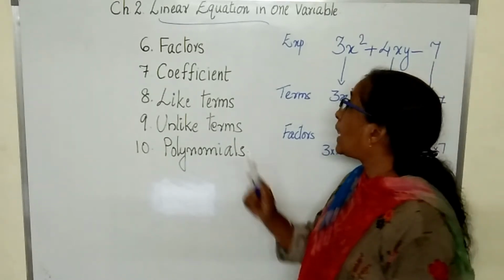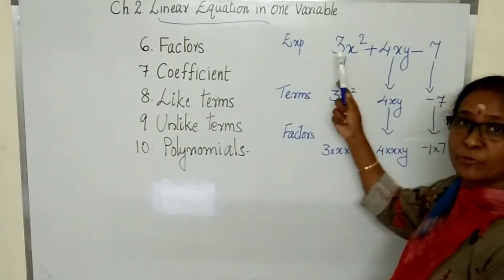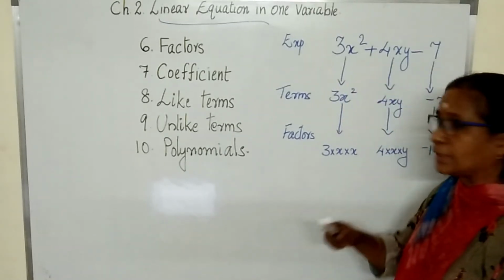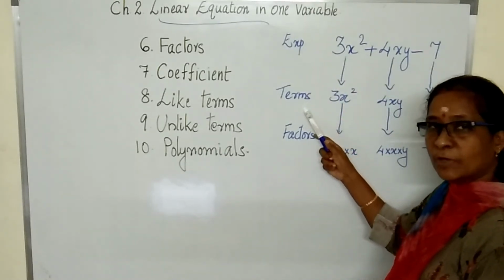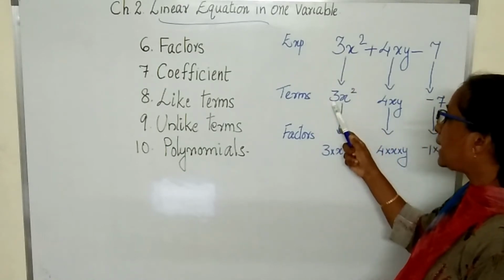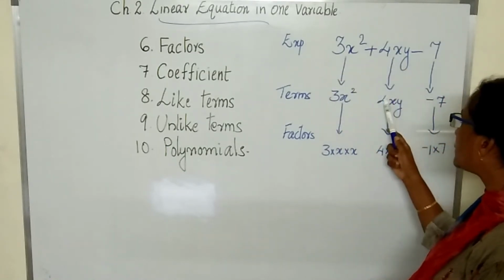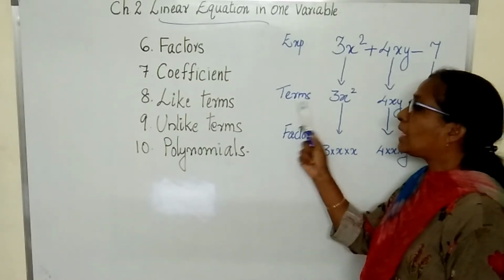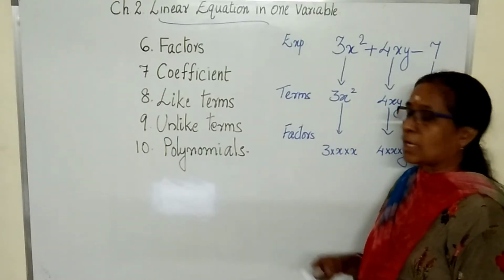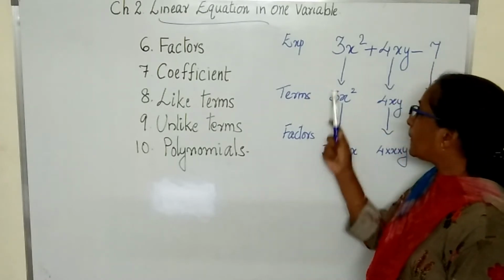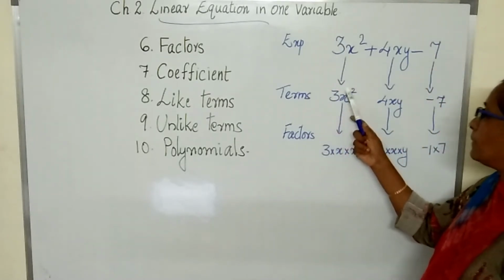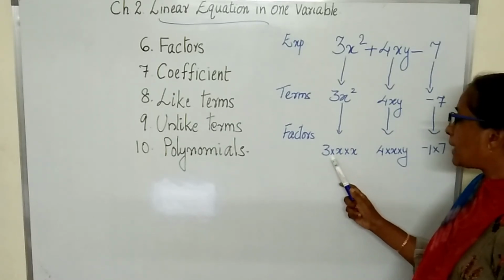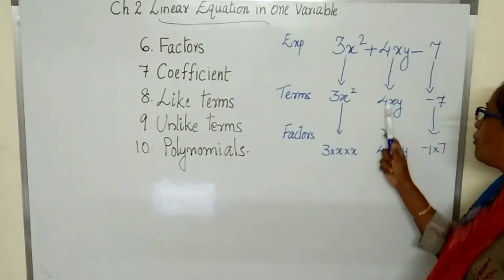Now, if you take an expression, for example, 3x square plus 4xy minus 7, which are the terms of the expression? 3x square, 4xy and minus 7 are the terms of this expression. Which are the factors? You have to take each term and split them. 3x square is 3 multiplied by x multiplied by x.